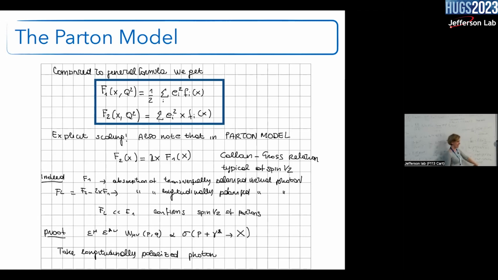But then I actually did it, and you can do it easily because if you use this and you find the hadronic tensor that you get in the Parton model, you see that whenever you take a longitudinally polarized photon onto your W mu nu, this in the Parton model is equal to 0.